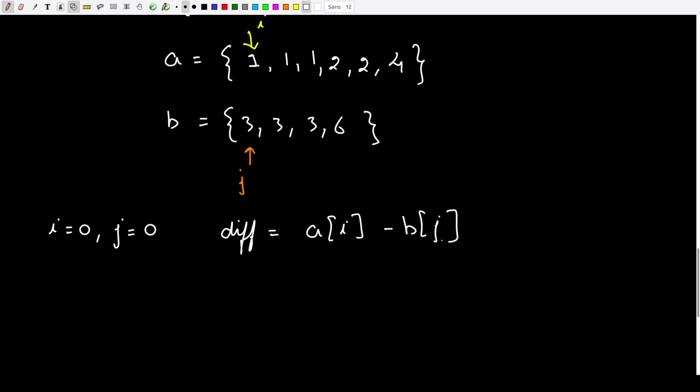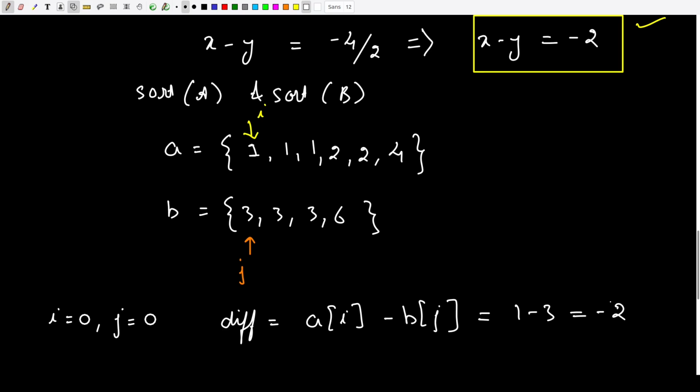Here, the difference is 1 minus 3, which is equal to minus 2. So after computing the difference A[i] minus B[j], the difference we obtain is minus 2. And this is the difference we wanted to achieve, which is x minus y equals minus 2. Since we are able to find such a pair, for this case we are going to return 1.